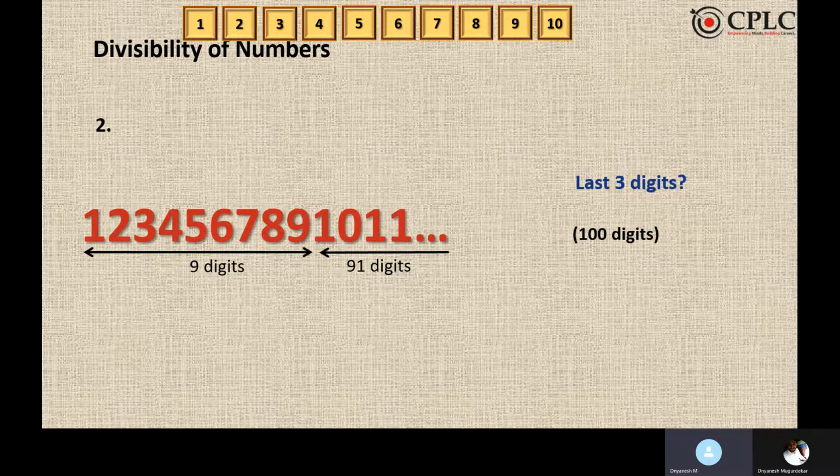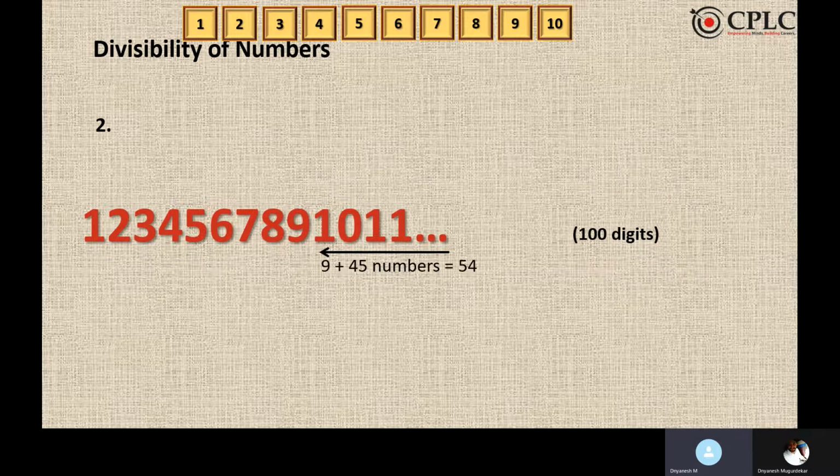So we'll consider the next 45 numbers, because those 45 numbers will give us 90 more digits after 9. So 9 plus 45 turns out to be 54. By the time you write 54, you would have written an additional 90 digits after 9, making the total number of digits 99. 1 to 9 is 9 digits, and after 9, 45 numbers with 2 digits each, so 90 digits, hence a total of 99 digits.